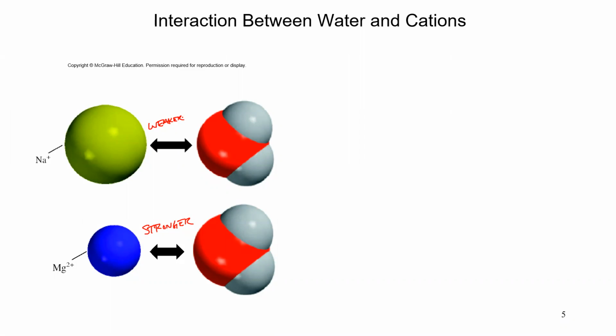Each ion can interact with more than one water molecule, so they have that ion-dipole interaction many times around that ionic surface. As long as the interaction between water and the ion is stronger than the interaction between the ions in that crystal lattice, then it will dissolve and be soluble.